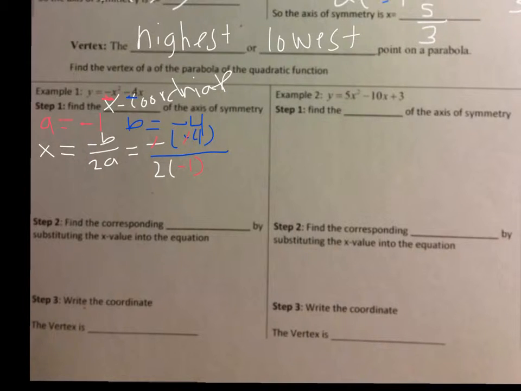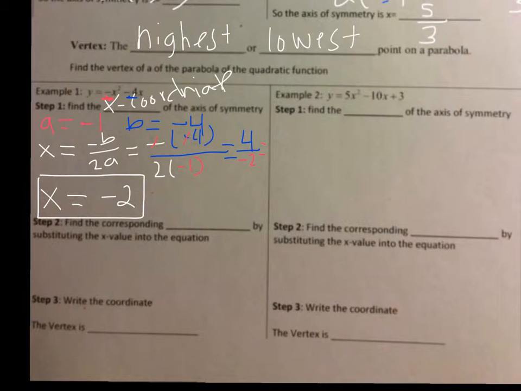So that will equal positive 4 over 2 times a negative 1, which is negative 2. And if we simplify that, 4 over negative 2 is, x is equal to negative 2. So we found the axis of symmetry, which is x is equal to negative 2, and this is what we wanted for step number 1.